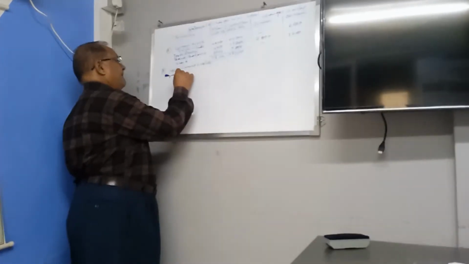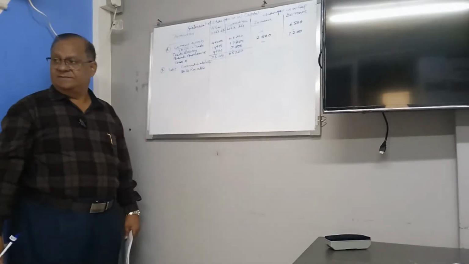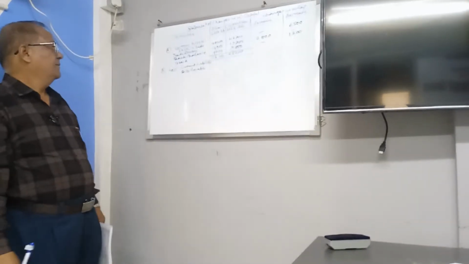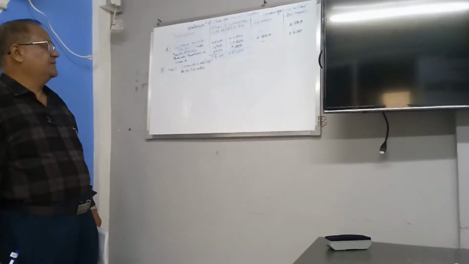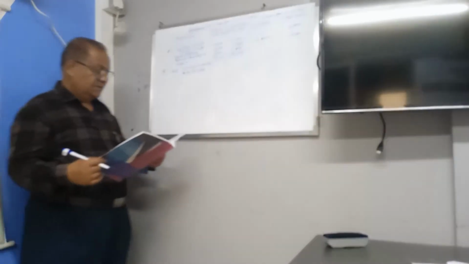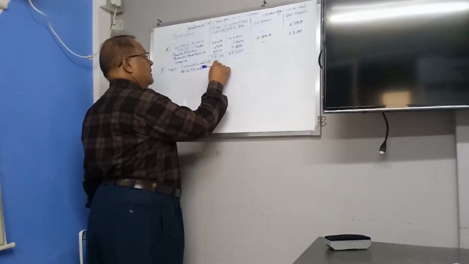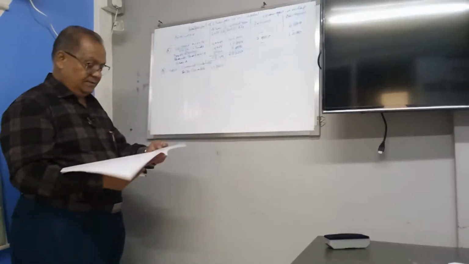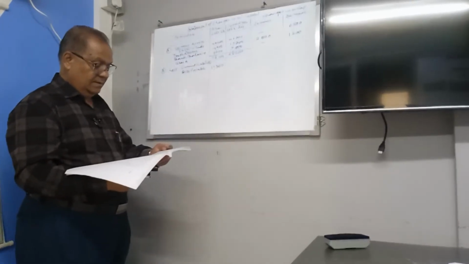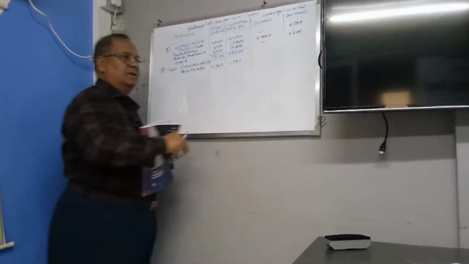Bills payable is given to us as 11,360 and 11,840.